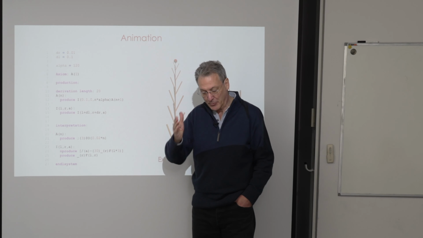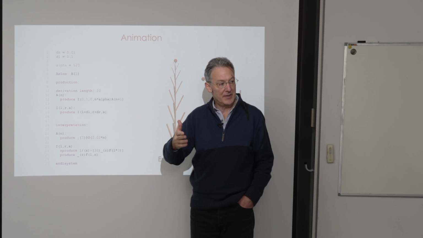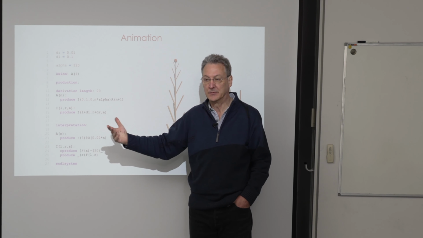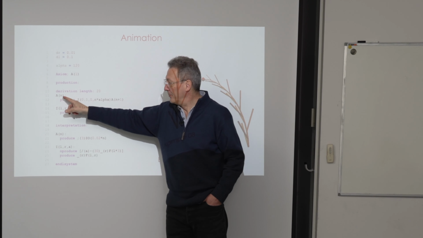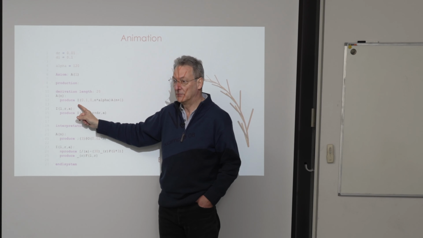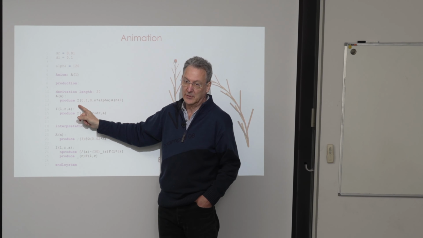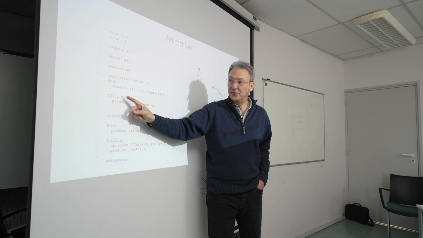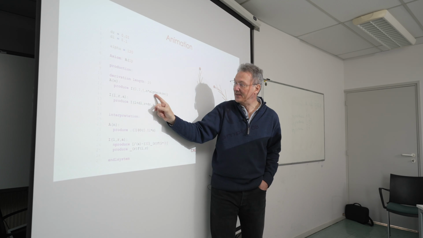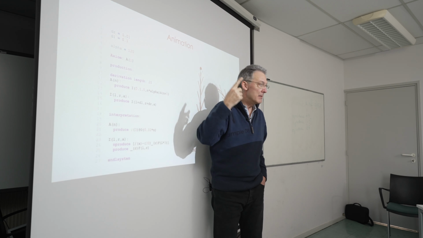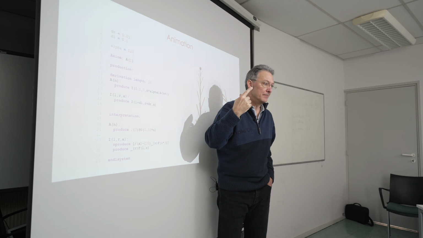So each time I apply a rule, the apex gets 1 time unit older. Now, at the same time, this apex produces this and this, so it produces as well what is called I, which in my mind is an internode.